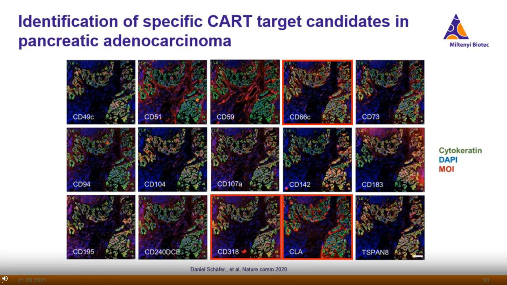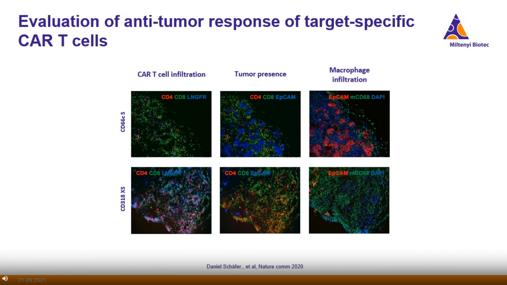So these markers were only specific for the tumor, and the perfect candidates they selected are the ones that are surrounded by a red square here. These are CLA, CD66, and CD318.